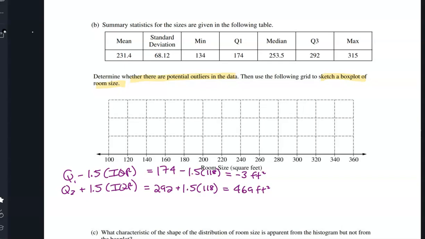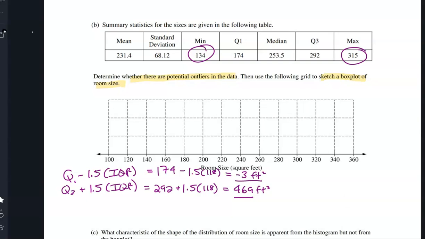Even though we don't have the data itself, we see that the maximum here is 315, which is below 469. So there's no upper outliers. And the minimum here is 134, and you can't have negative square footage in this context. So even without looking at the minimum, we know there's no lower outliers.